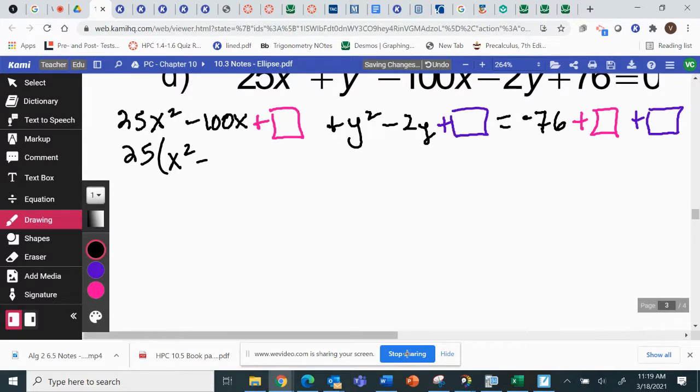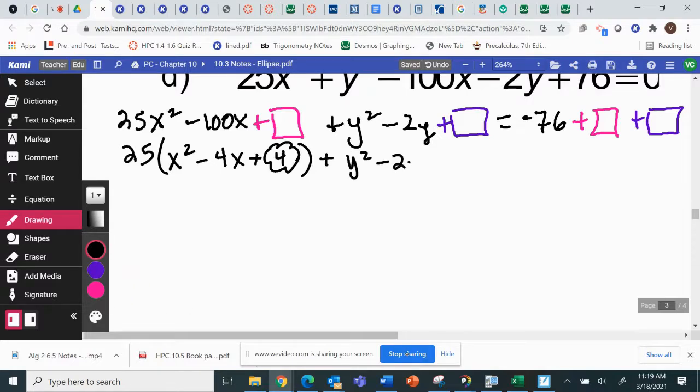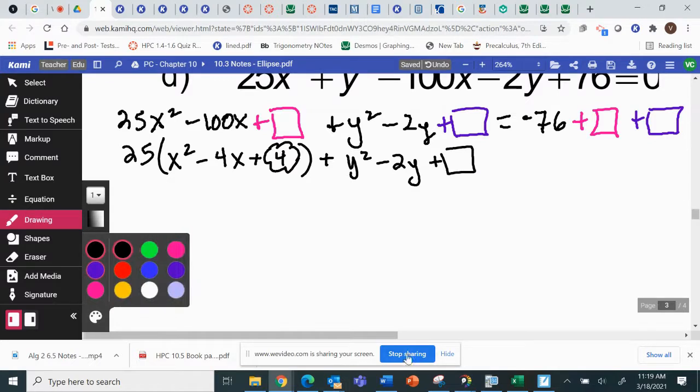Then I'm taking the 25 out because we can't have that to complete the square. And as I do that, I'm also figuring out that a 4 goes right here. And then the y squared, there isn't anything to take out, so that is a 1.